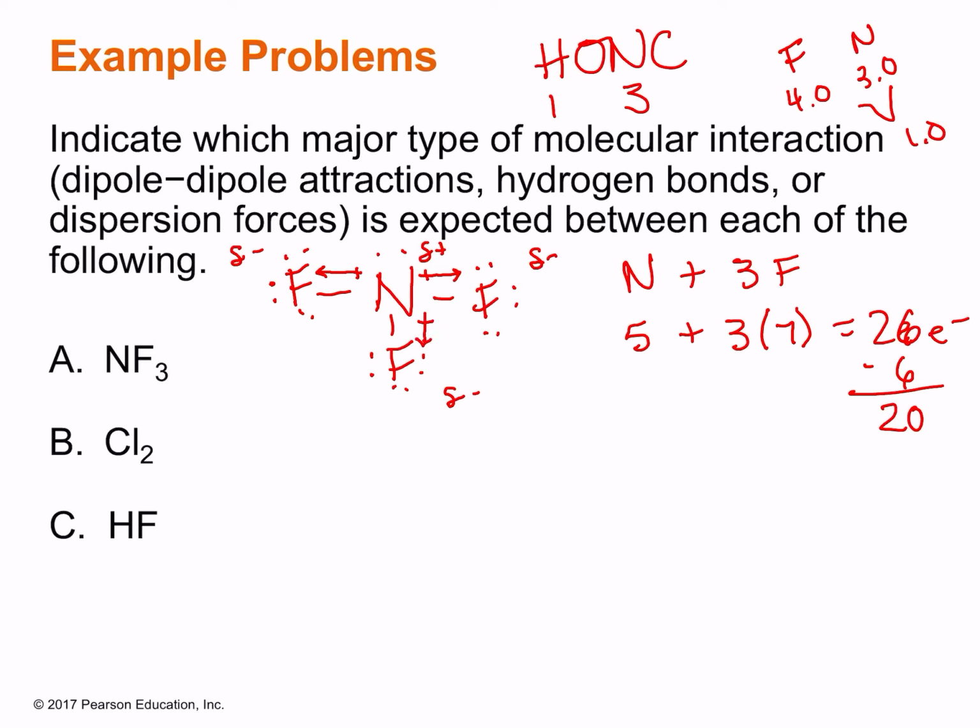As you can see, 2 of them cancel out, right? 2 of my dipoles are going in exactly opposite directions, the one on the left and the one on the right. They're equal and they are opposite, so these 2 dipoles cancel. But this one doesn't, so we have a leftover dipole. That means that this molecule is polar. Now that we figured that out, we know this is polar, so it will have dipole-dipole interactions.